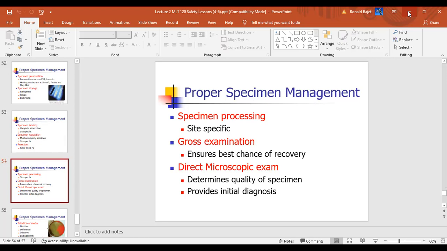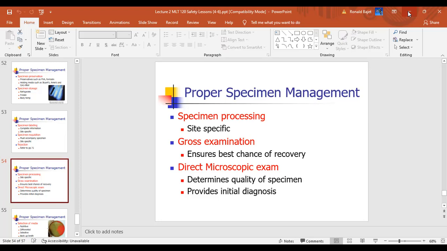For example, sputum specimens for respiratory culture. You have to screen sputum specimens by doing a microscopic examination and looking at the number of epithelial cells.